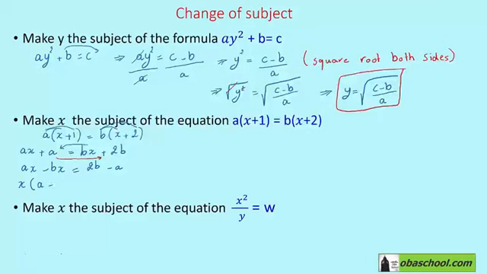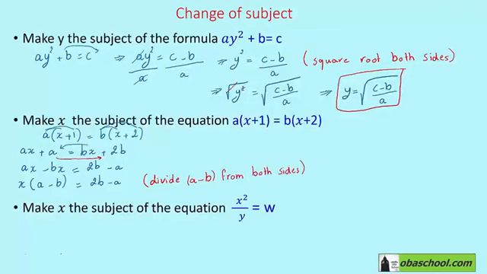Now we're going to isolate the x and get rid of the coefficients a and negative b, by taking x outside, opening brackets, and putting in a minus b. So we're going to end up with x times a minus b equals minus 2b minus a.